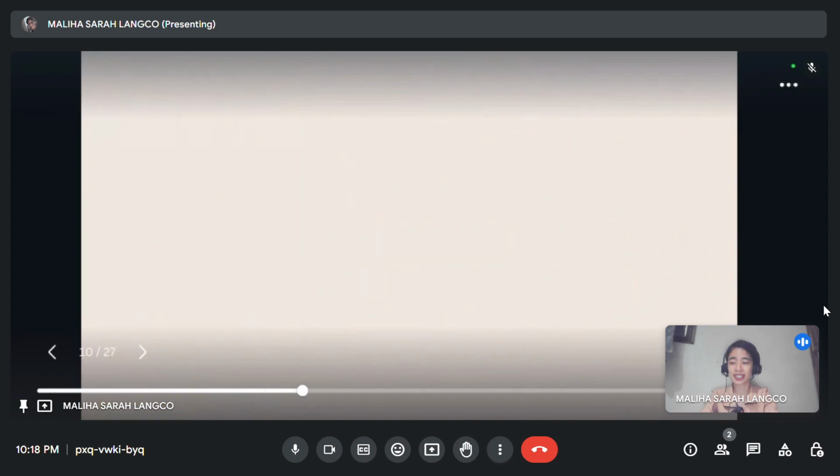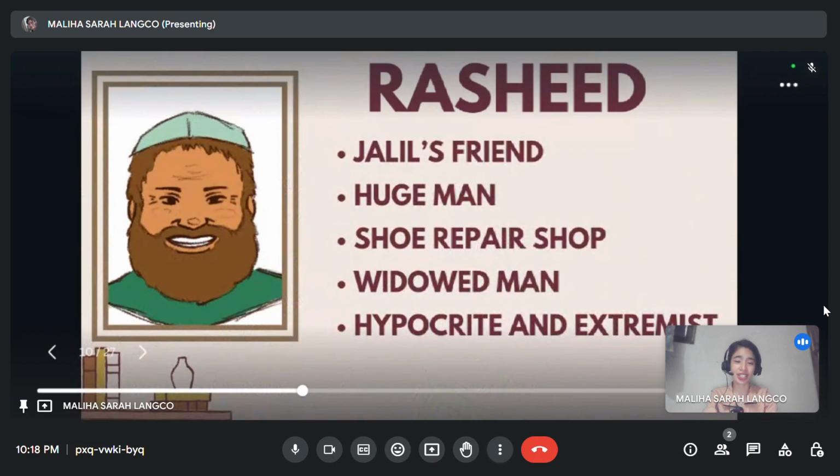Now we have Rashid. Rashid is Jalil's friend. He's a huge, bulky man. He owns a shoe repair shop and he is a shoemaker. He is a widowed and childless man because his wife and children died in the war. He is also a hypocrite and an extremist believer of Islam.